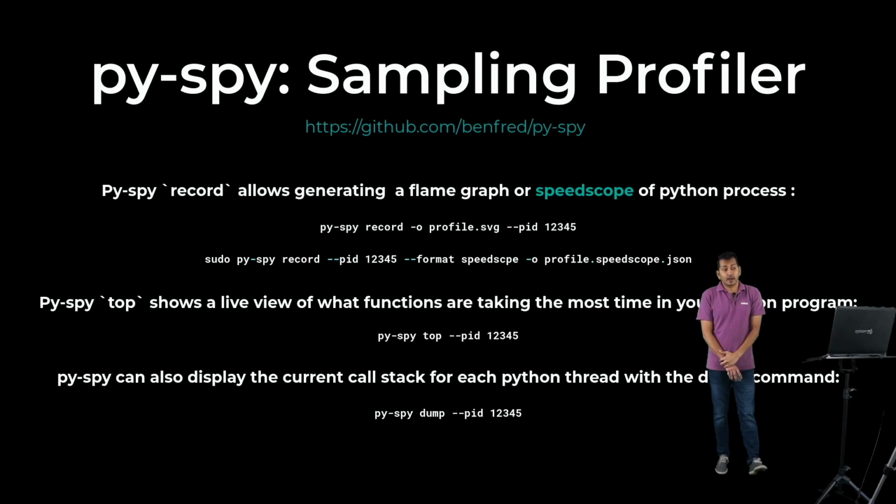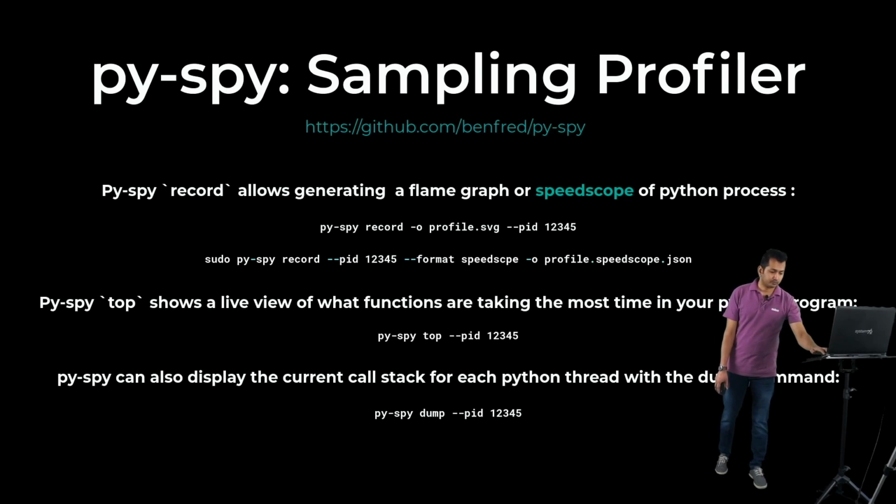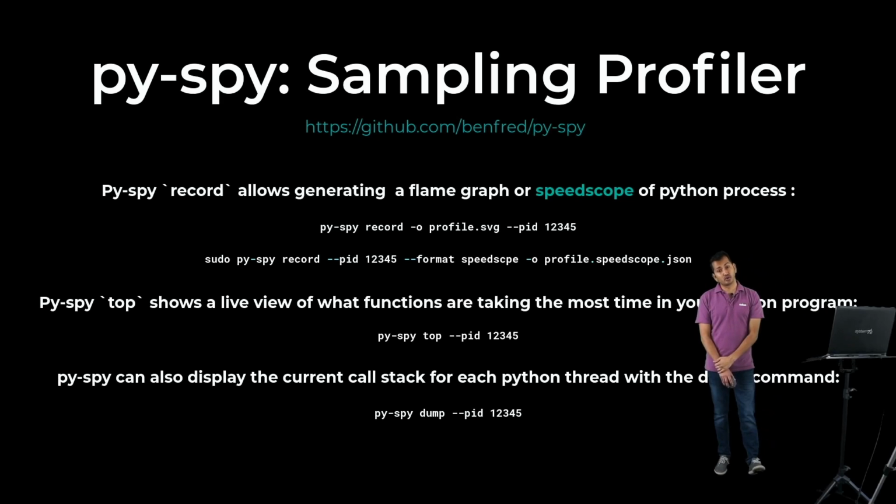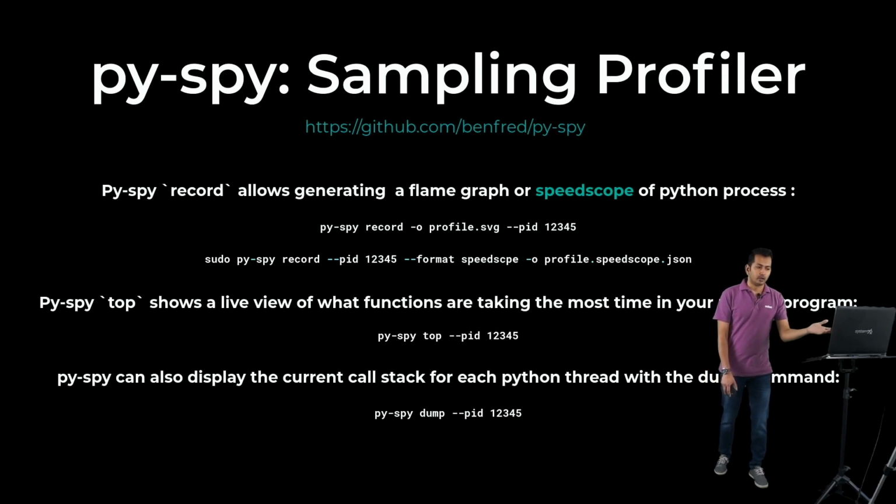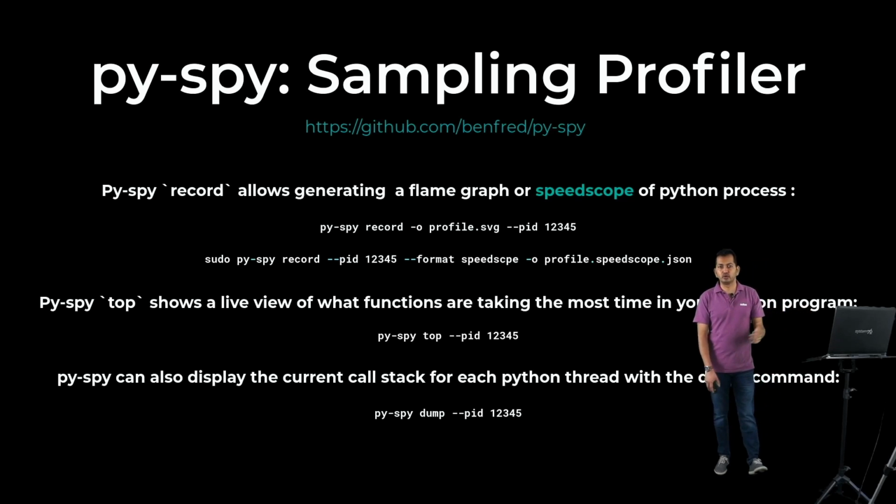It does not require rebooting the server, and it's as simple as just running those commands. But as I said, using them in a sudo-like environment will give you efficient results and will work better. And of course, PySpy will always take a PID, so you need to know your process ID. It can generate a flame graph as well as a speedscope. Speedscope is another way of looking at your log, but a flame graph or speedscope both will do the job for you.